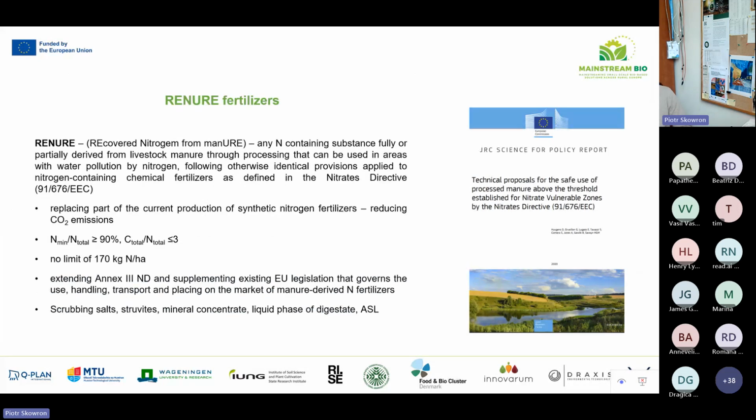The European Commission is also interested in nutrient recycling. This is an example of activities of the European Commission.